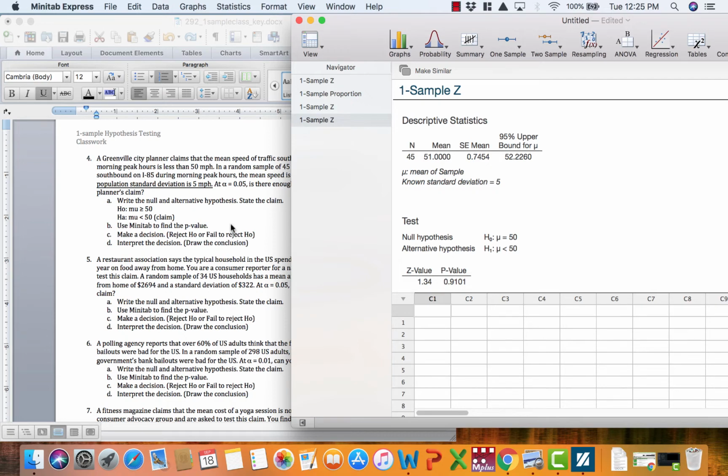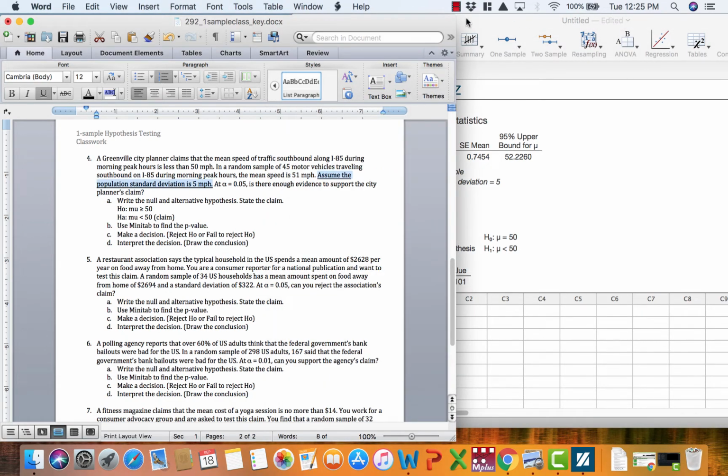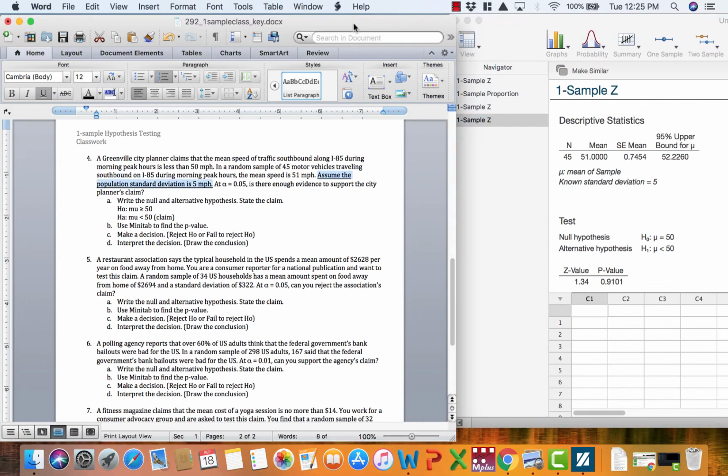All right, so what is our p-value? I moved it. So our p-value is 0.9101. And since 0.9101 is clearly greater than 5%, we fail to reject the null. So what does that mean here now that our alternative is the claim?